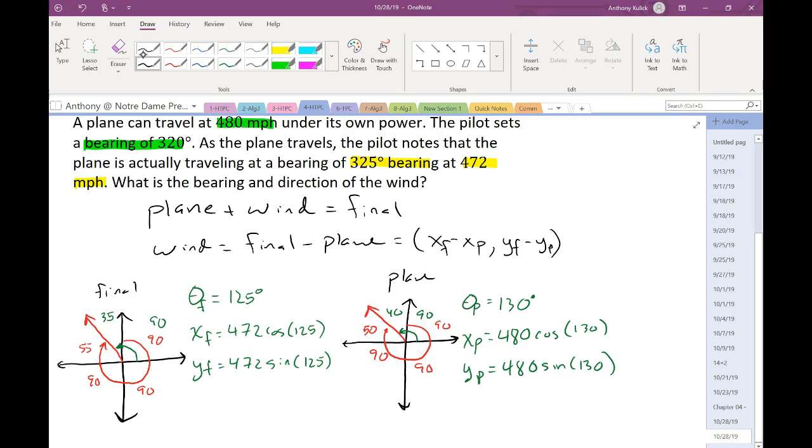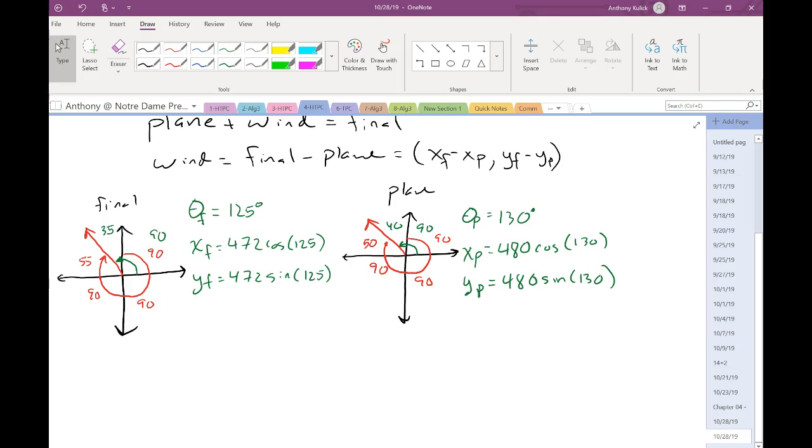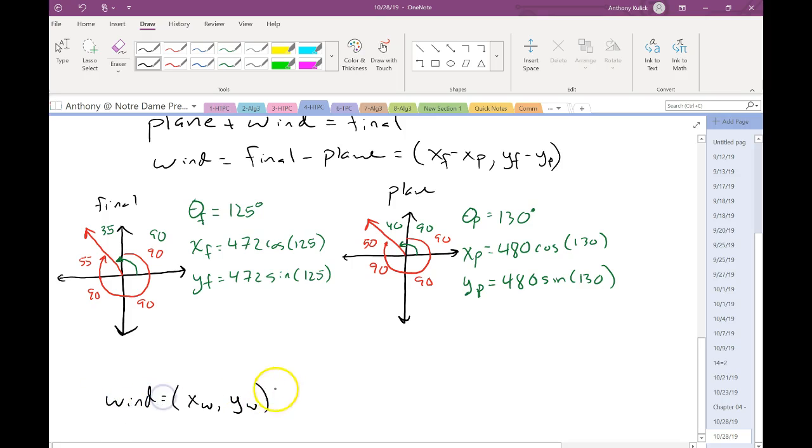Everybody feel okay to this point? So up until this point, nothing is really different. This is the only place where it's going to be different. So the wind, to get the xw and the yw, I'm going to take xf minus xp, and then yf minus yp. This is the only place that it's different than the previous problem, right?